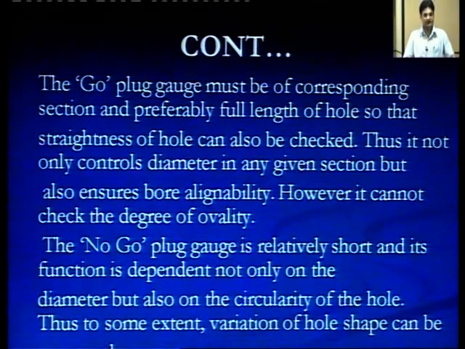However, it cannot check the degree of ovality, how much ovalness is in that hole, with the help of the go plug gauge. And the no go plug gauge should be short, and its function depends not only on the diameter but also on the circularity of the hole.